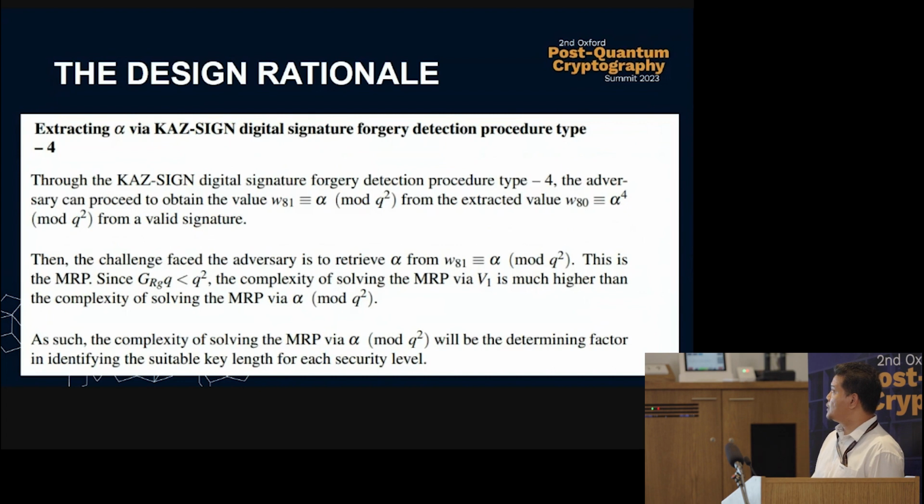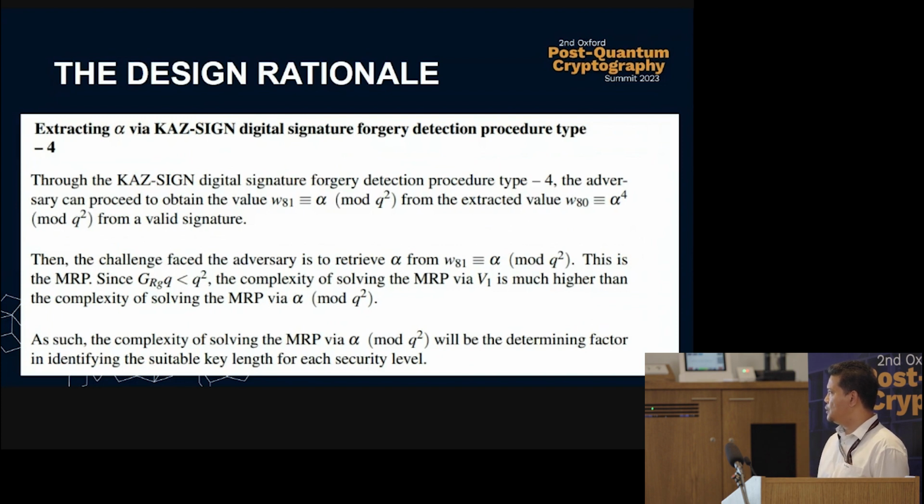What about if we try to extract alpha from the digital signature forgery type 4, the procedure type 4? In fact, through the detection procedure type 4, one can actually extract the value alpha modulo Q square. So this is possible. And then the challenge faced by the adversary is to retrieve alpha from alpha mod Q square. And this is the modular reduction problem.